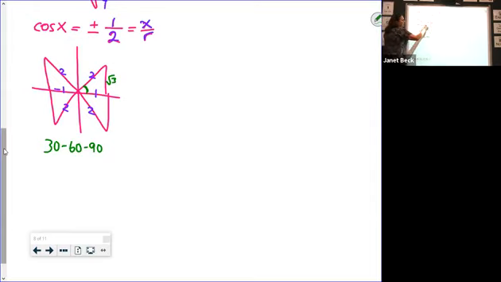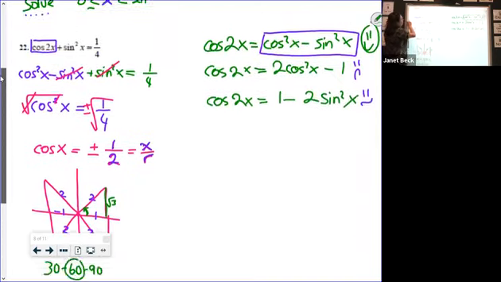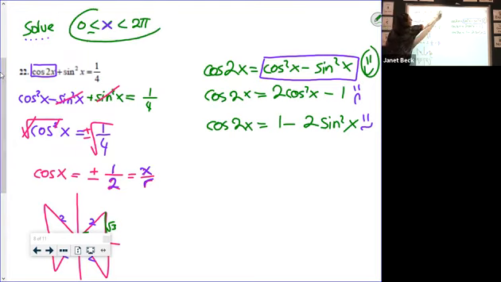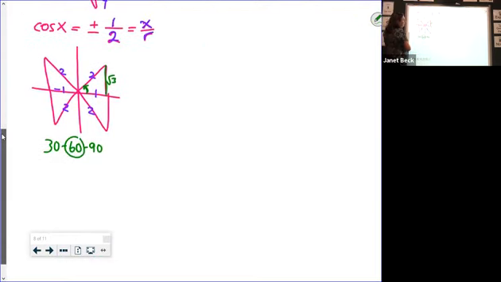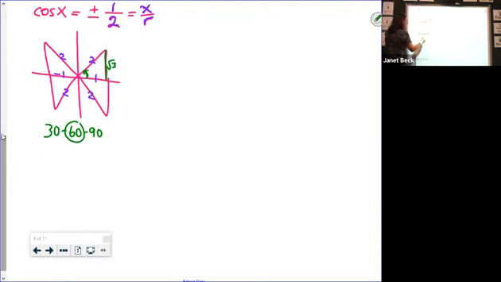So this angle in standard position is opposite that long leg. So we're looking at the 60-degree angle. So in quadrant 1, we want our answers in radians. It would have said at the top that we were solving for 0 to 2 pi. That's telling you it's got to be in radians, not degrees. So I can't write that answer as 60 degrees. That angle there is pi by 3. In quadrant 2, that would be 2 pi by 3.